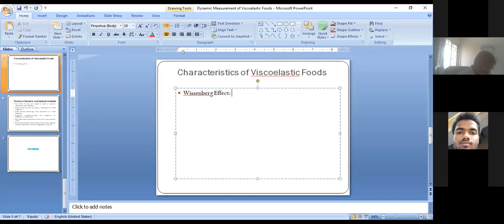If you agitate a Newtonian fluid, it will not rise along the shaft. But if the fluid is viscoelastic, you can observe that the fluid may climb the shaft on agitation.